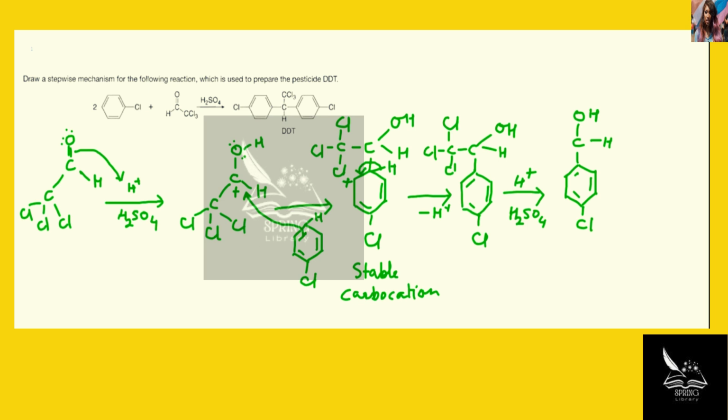The lone pair is given to this proton, and by that one hydrogen is joining here, and oxygen is acquiring positive charge, and this carbon should have all the 3 chlorine.